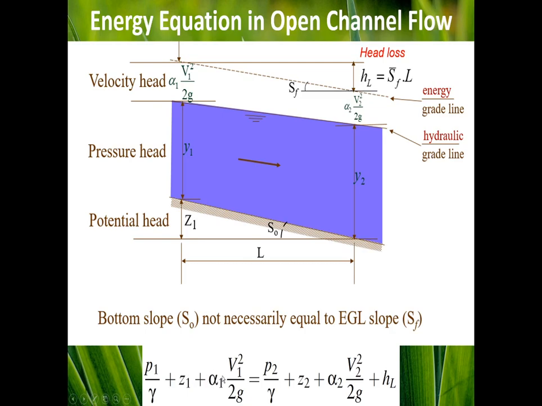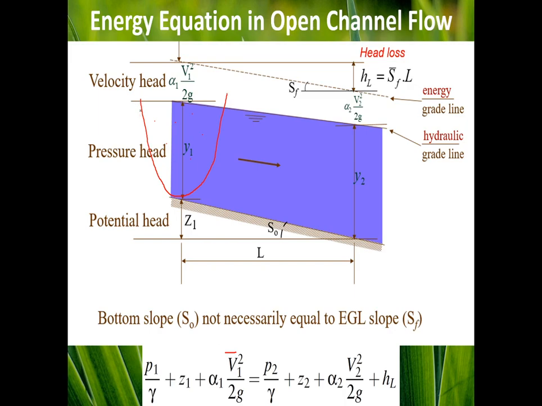This factor is used to correct the assumption of average velocity that we use in energy equation. You know that in reality, if this is, for example, cross section at point 1, velocity at different points is different, and when we take an average and we assume average velocity here, it includes some errors because average velocity cannot represent the real velocity of this cross section.